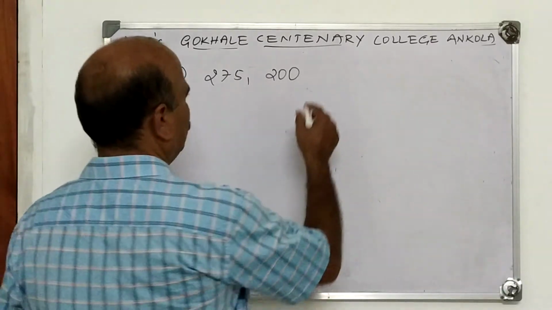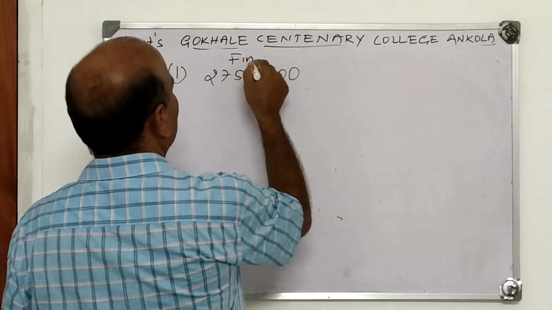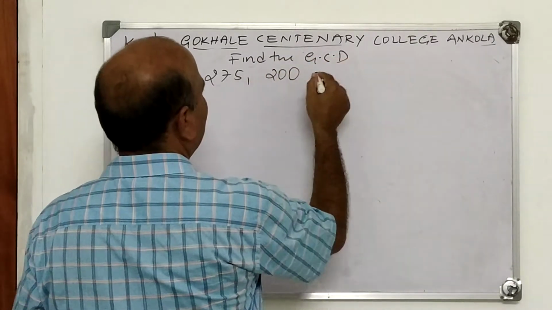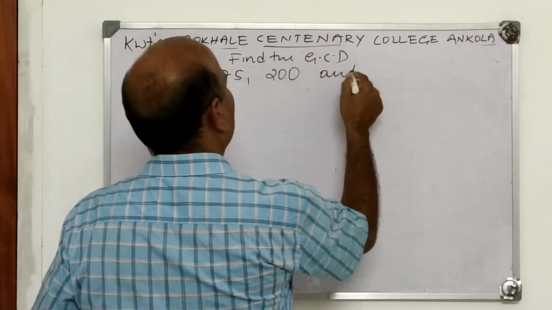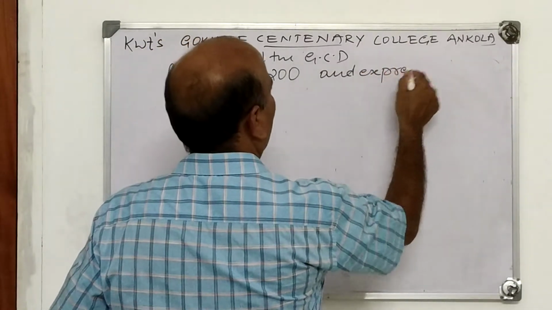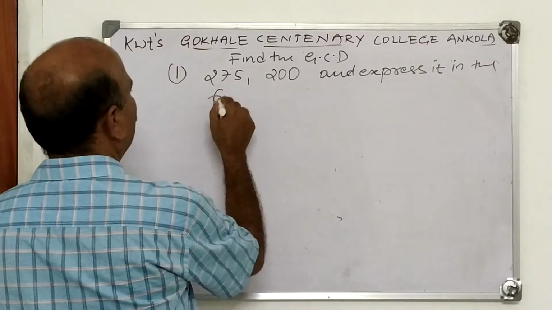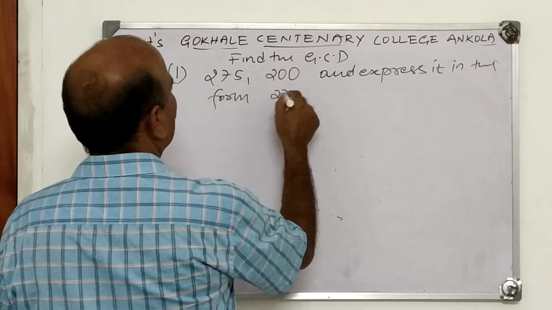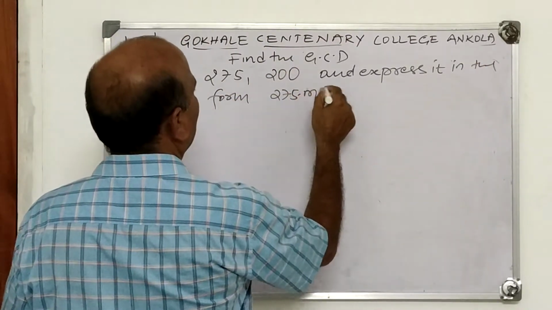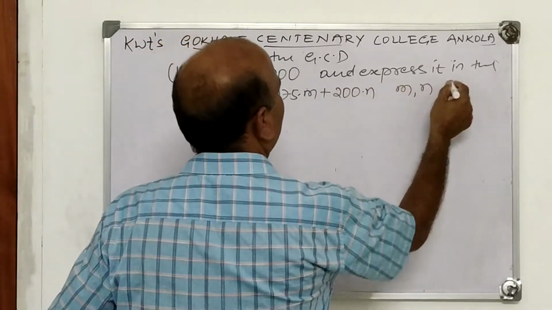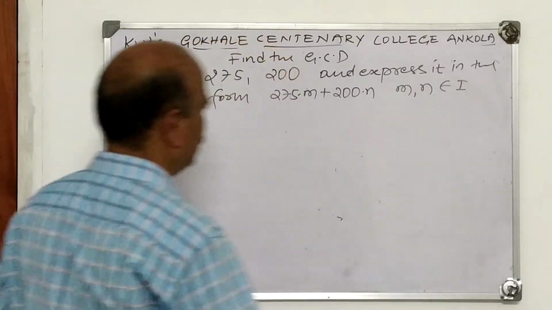The procedure is like this. The question is: find the GCD of 275 and 200 and express it in the form 275 into m plus 200 into n, where m and n are any two integers.